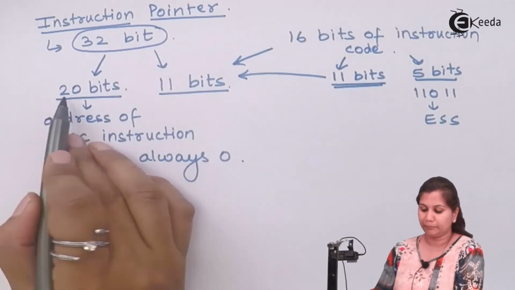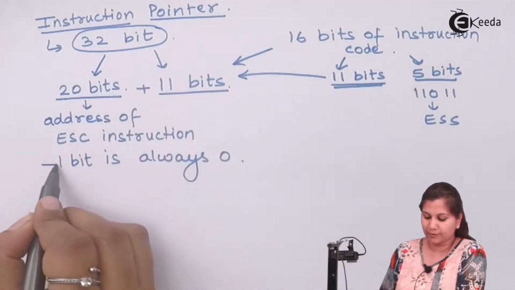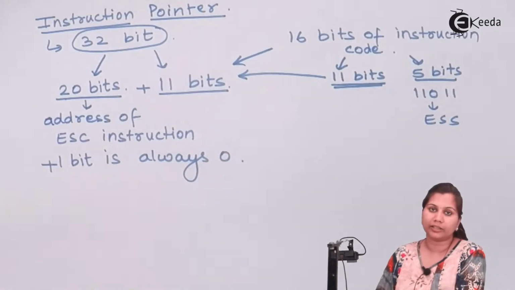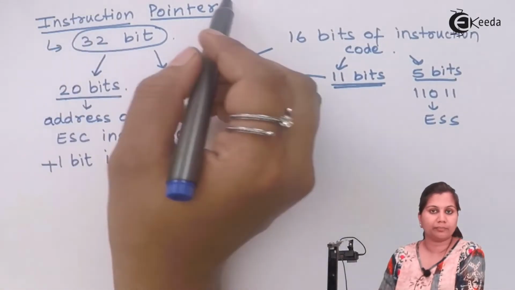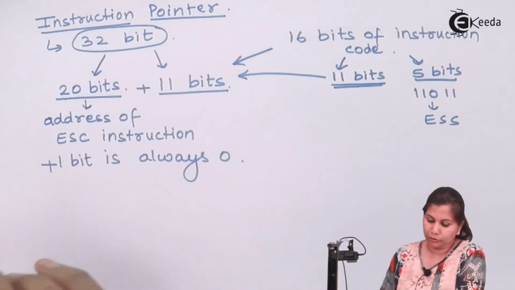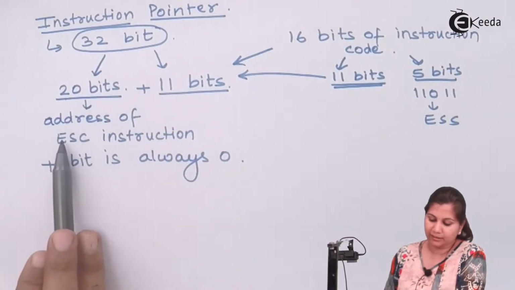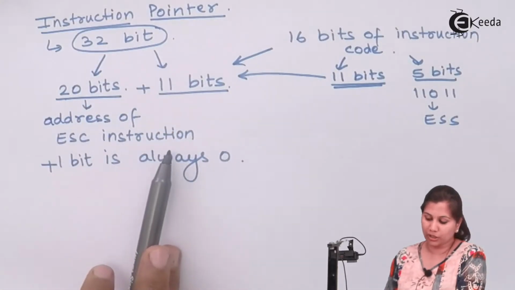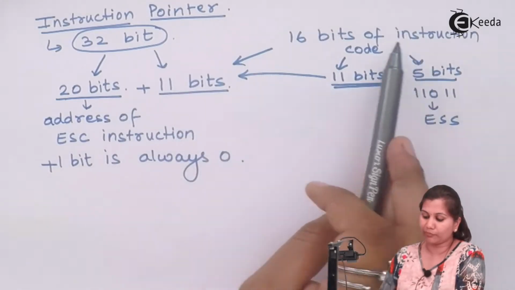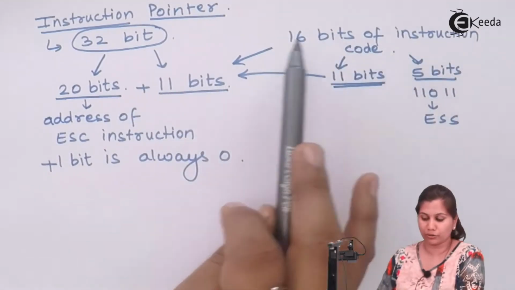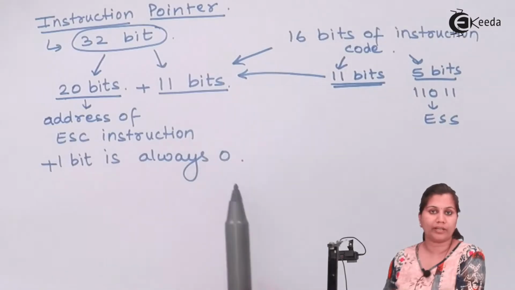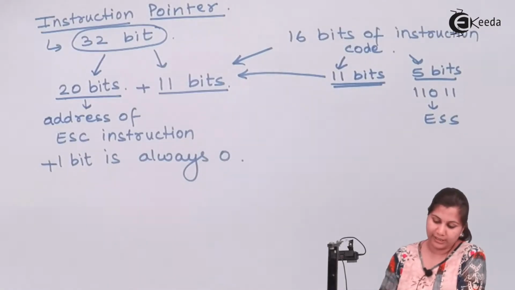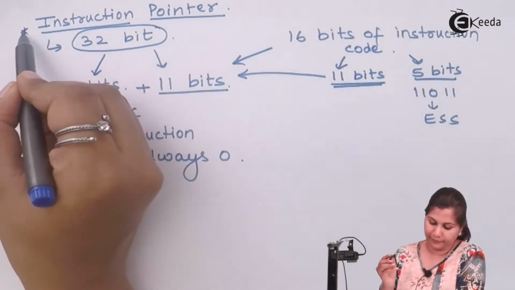So 20 plus 11 plus this 1 bit makes the 32-bit instruction pointer. So this is the instruction pointer.